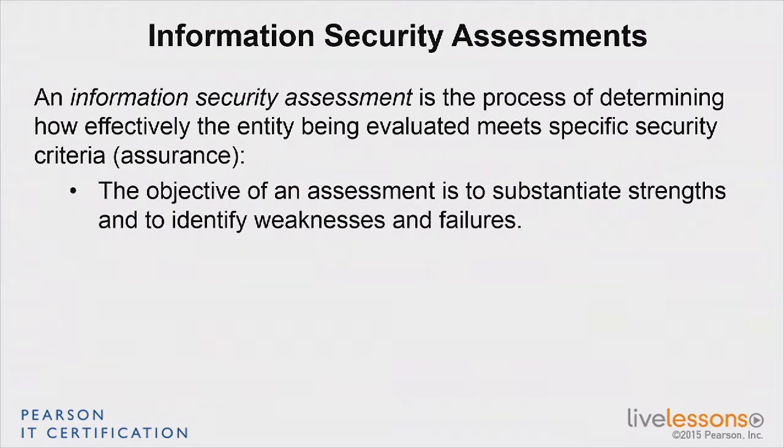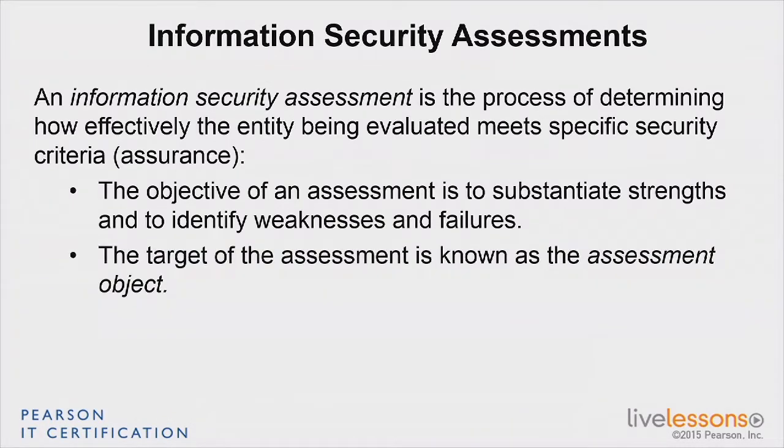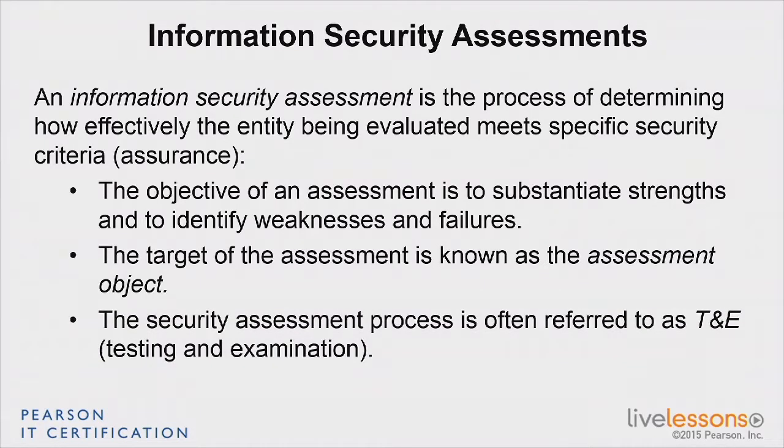Now the object of an assessment is to substantiate strengths and to identify weaknesses and failures. The target of the assessment is known as the assessment object. The security assessment process is often referred to as T&E, and that stands for testing and examination. So what we're going to do next is look at those two components, testing and examination.